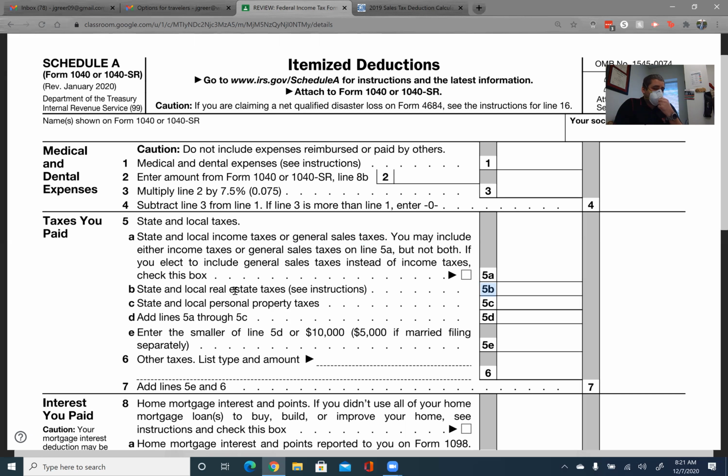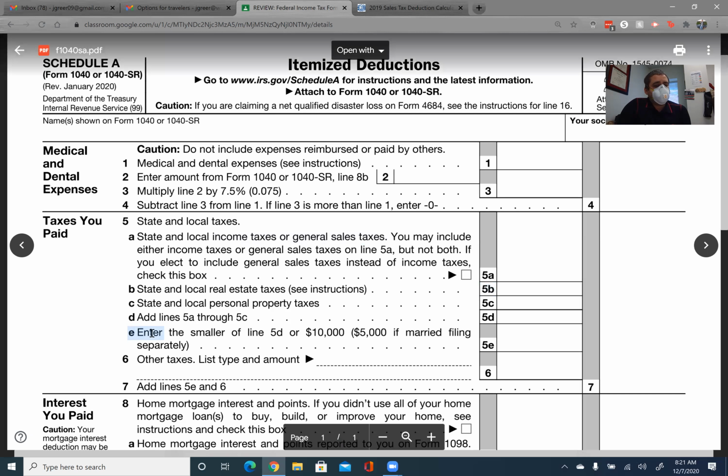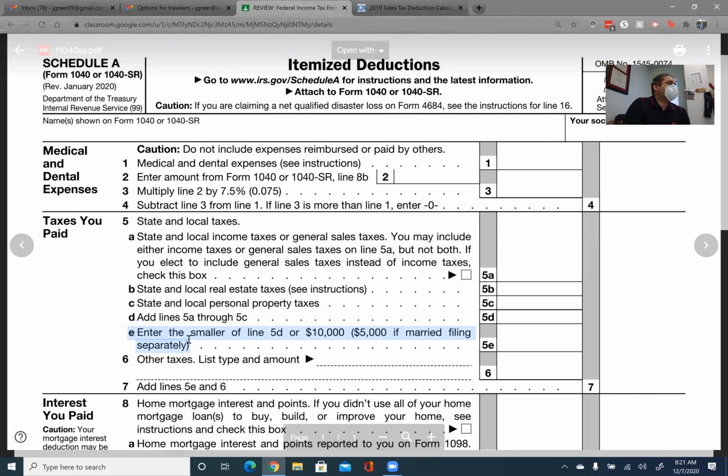Now, this is another change from 2017. Enter the smaller of the line 5D or $10,000. The maximum that you could deduct prior to 2017, if you had $20,000 of state and local taxes that you paid, you could deduct all $20,000. 2017 changed that and it limited it to $10,000.